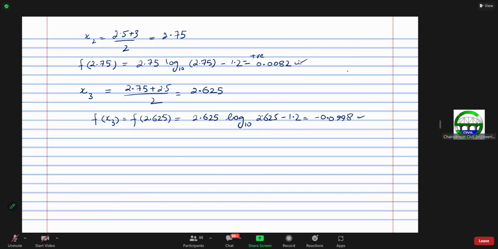So your value will lie between 2.75 and 2.625, right? We can say that x4 is equal to (2.625 plus 2.75) divided by 2. So what is this value? Can anyone tell me, please?